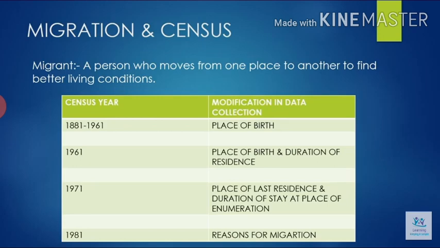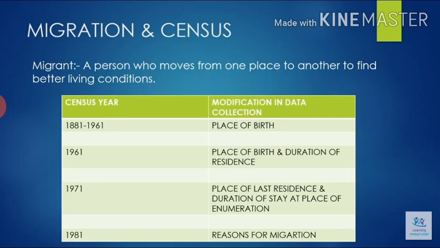But in 1961, the first major modification was introduced with two additional components: the first component is place of birth, and the second is duration of residence.